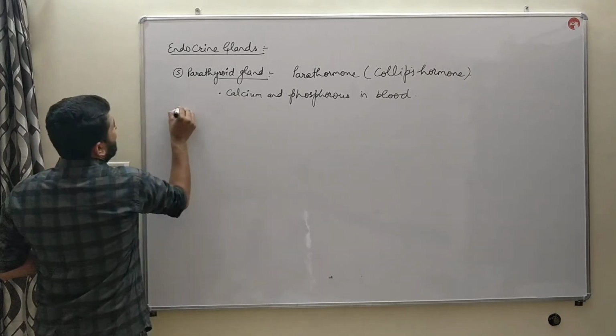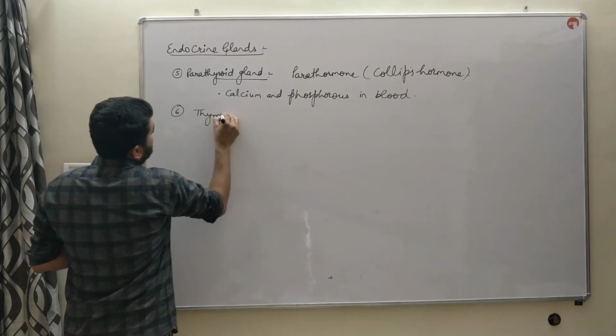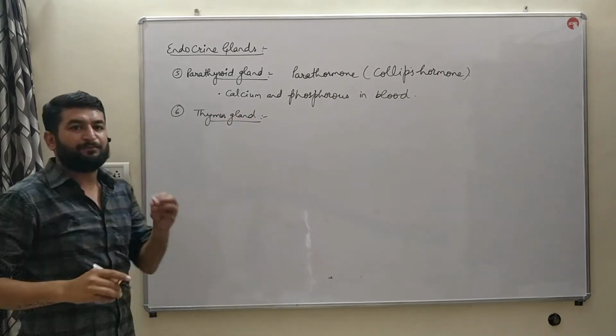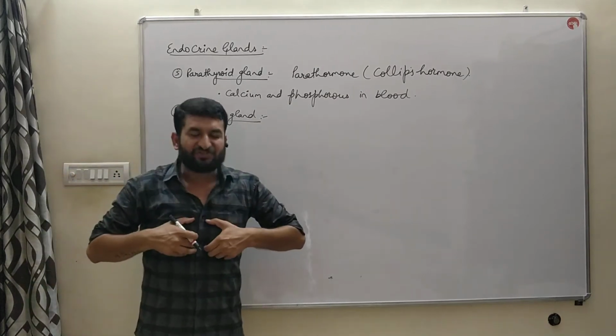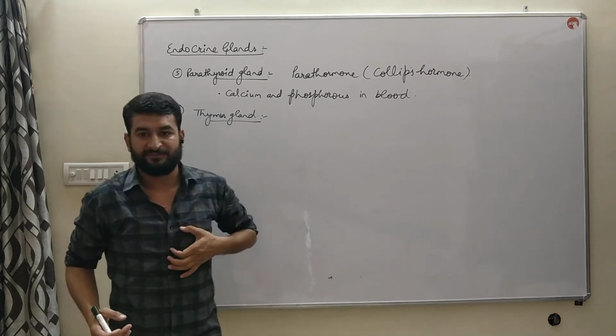The next gland which we have to discuss is thymus gland. This gland is a pinkish lobular gland present in the chest region near heart, in this portion approximately.